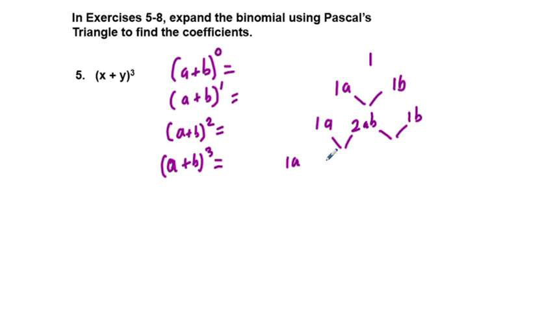So we're going to have 3 A squared B. This is going to be A to the third power here. The next coefficient is 3, 3AB squared, plus 1B to the third power. So that's going to be our expansion.